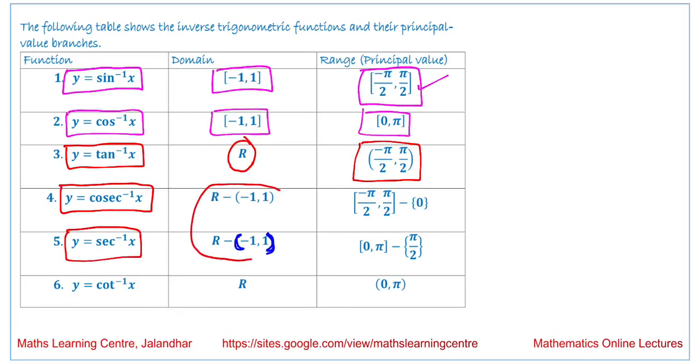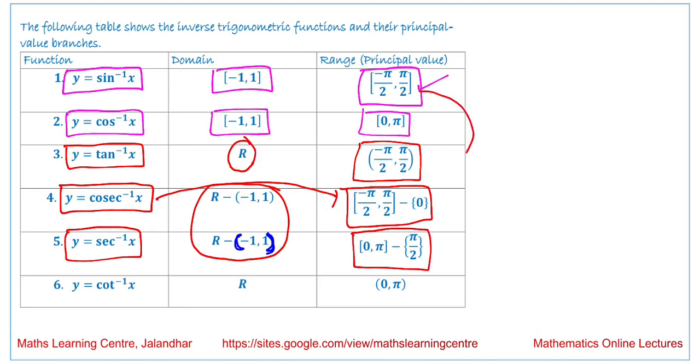In both these cases the domain is R minus the open interval minus 1 to 1. The range in the first case is minus pi by 2 to pi by 2 except the point 0, and in the second case it is 0 to pi except the point pi by 2.